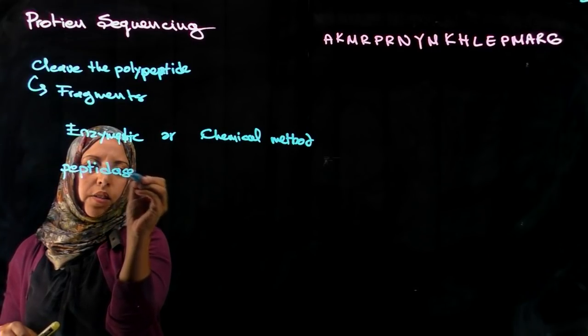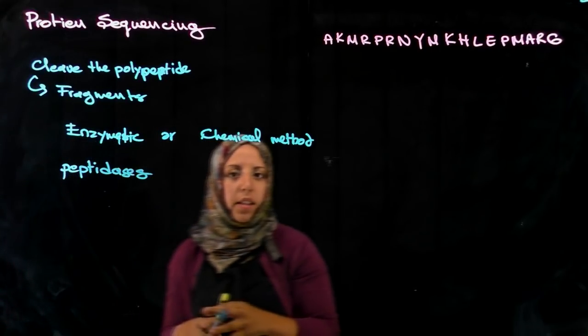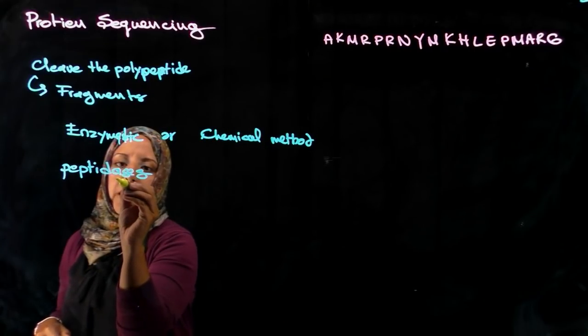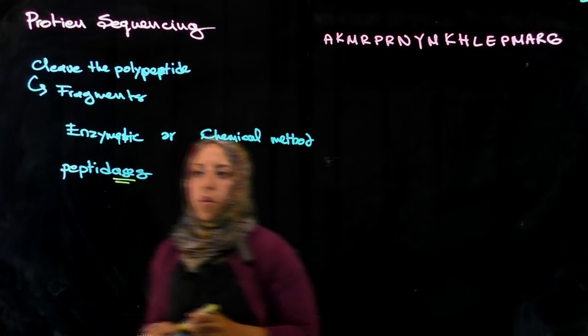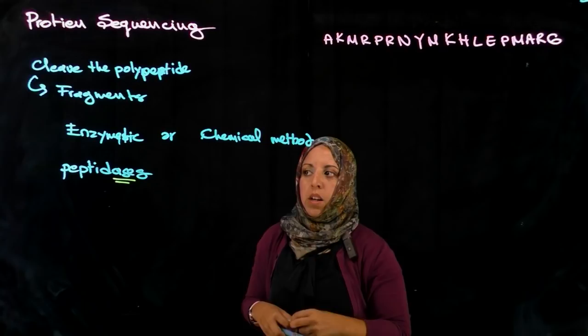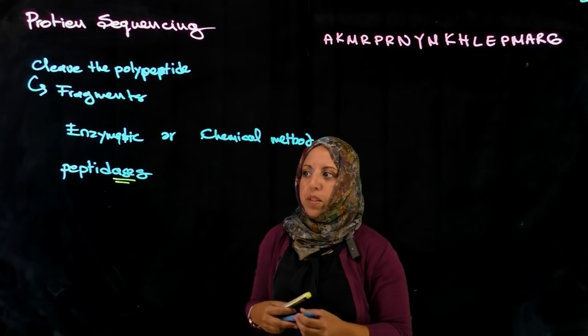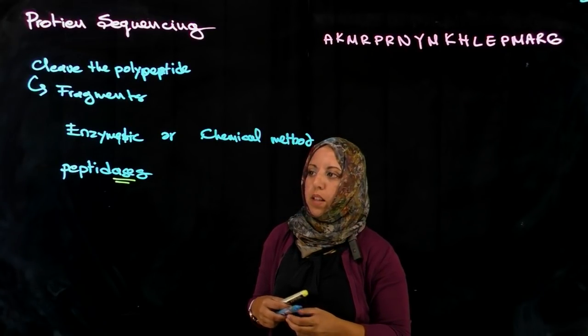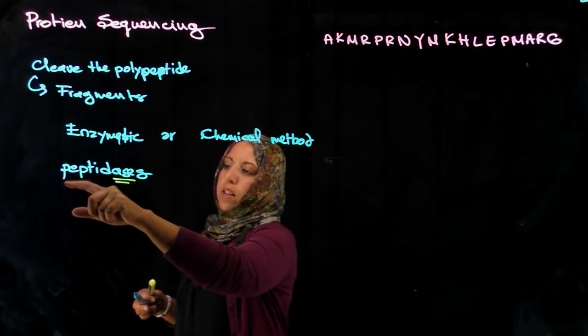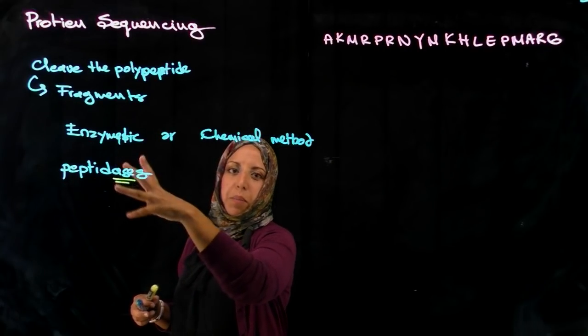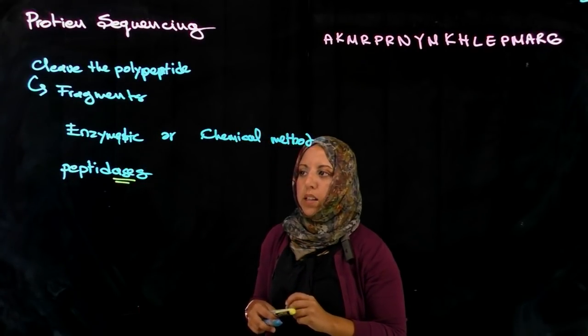peptidases. We haven't yet talked about naming proteins and enzymes, but if the name ends in -ase, we're really referring to an enzyme that can catalyze a specific reaction, right? So peptidases, and just like the name may imply, they cleave a peptide bond.